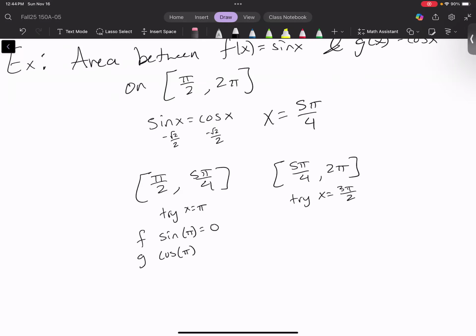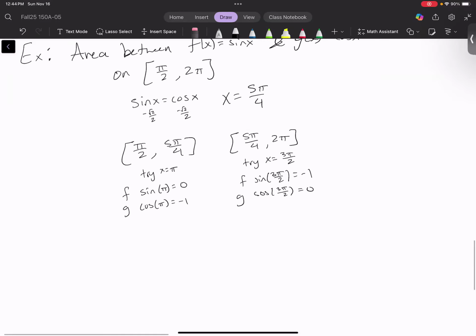So sine of pi is 0, cosine of pi is negative 1. So actually sine is on top. Interesting. Then here, so sine of 3 pi over 2, that's negative 1. And g, cosine of 3 pi over 2, that's 0. So now cosine is on top.